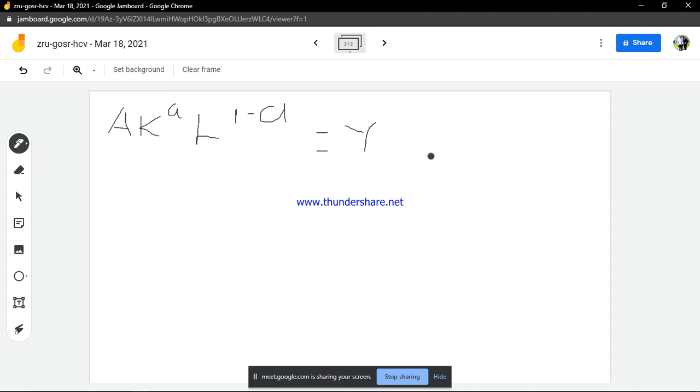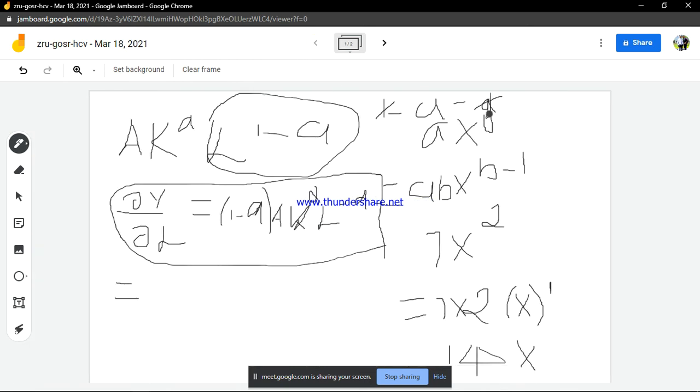So now, to find the marginal product of labor, it is just the derivative of this function. So what we're going to do is, the change in y due to the change in labor is going to equal... if you remember, ax raised to the power b differentiates to abx^(b-1).